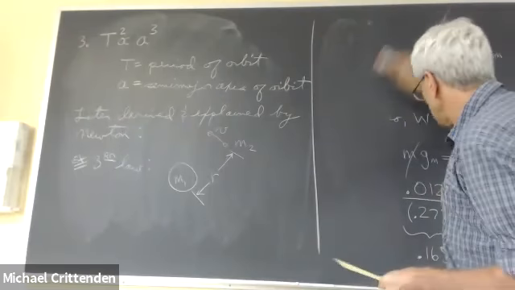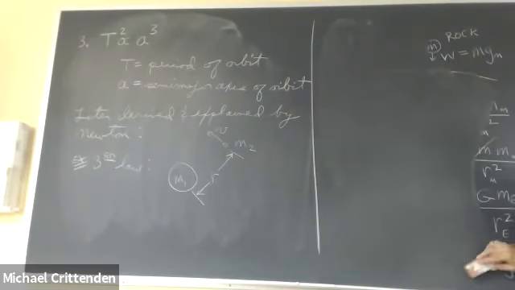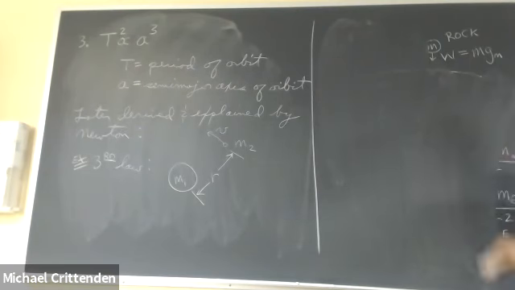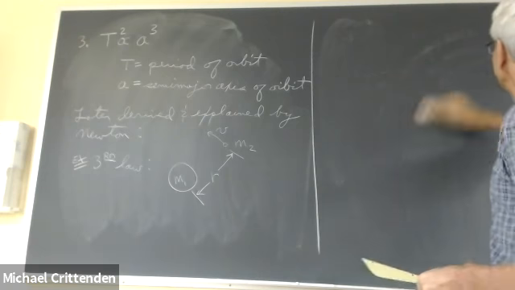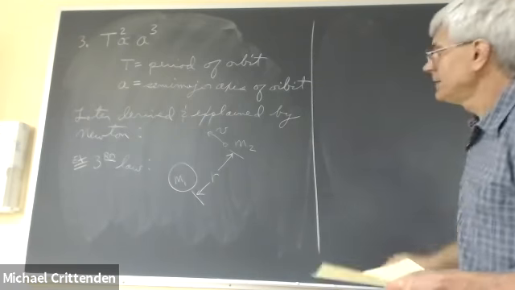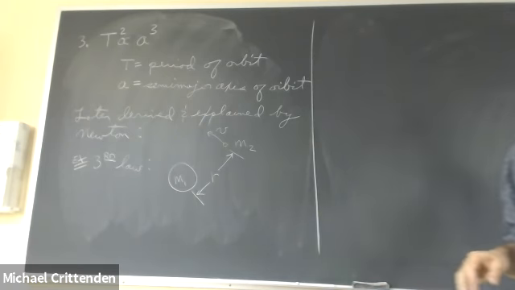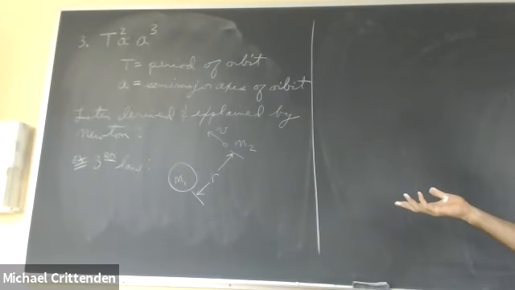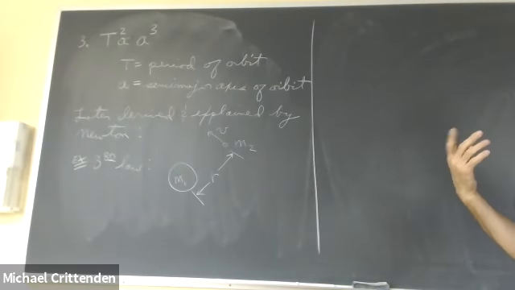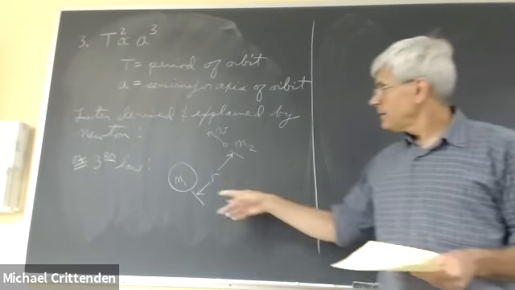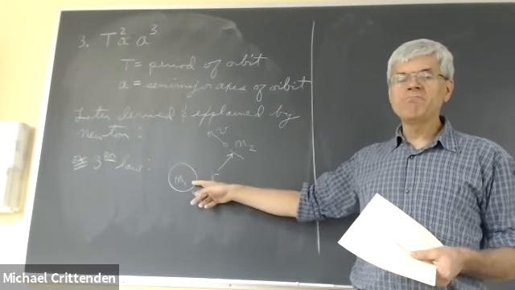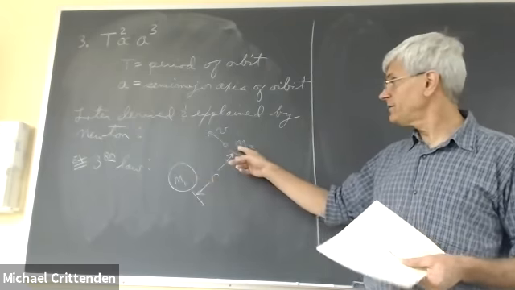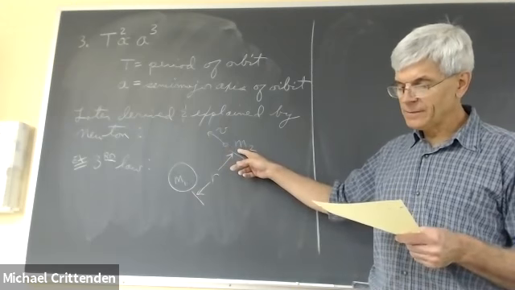So as I said a moment ago, I'm going to just look at a special case so I can keep it short and sweet. One of the assumptions I'm making that's not completely general is that I'm going to assume a perfectly circular orbit. The other assumption I'm going to make is that M1 is many, many times more massive than M2.